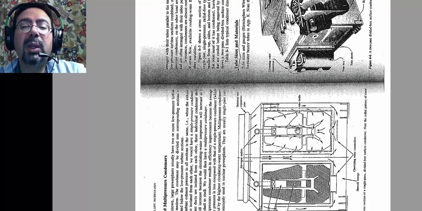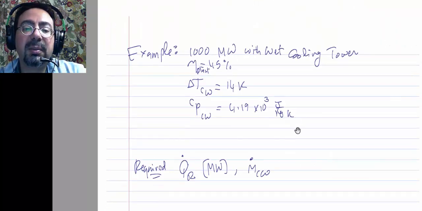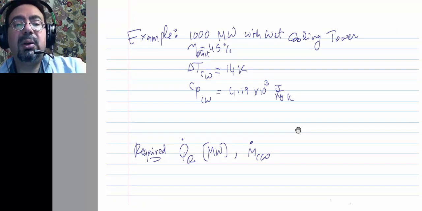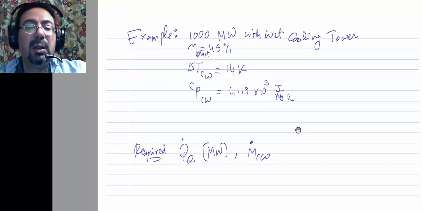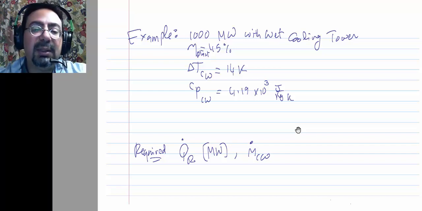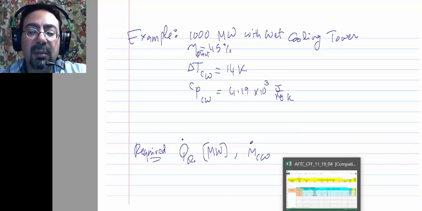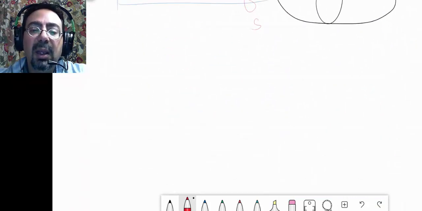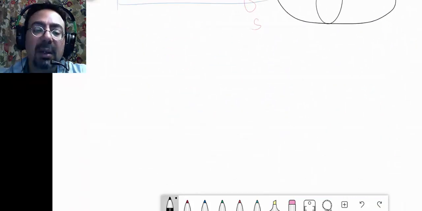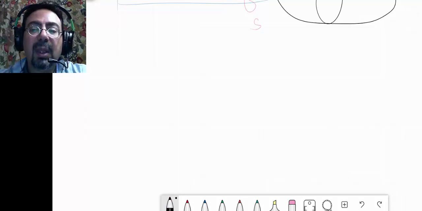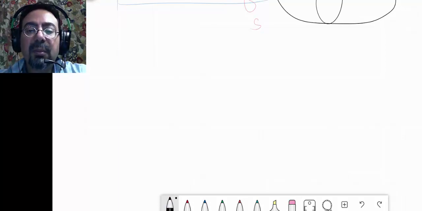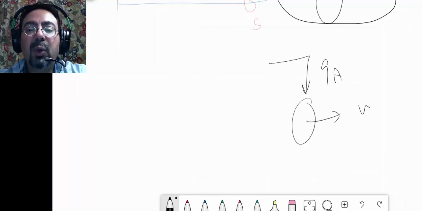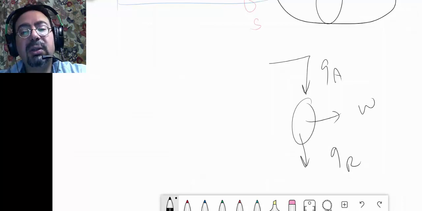Okay, and this is when he talks about the condenser, right? Let's remember that the Rankine cycle is basically a way for us to turn Q_A into work, and the rest is going to be Q rejected, right?